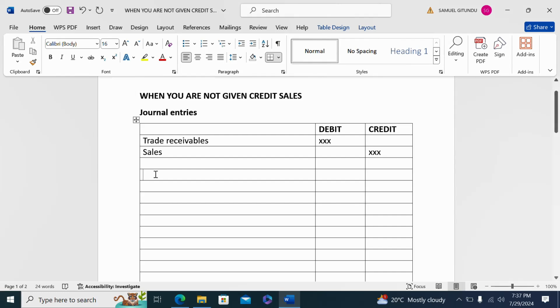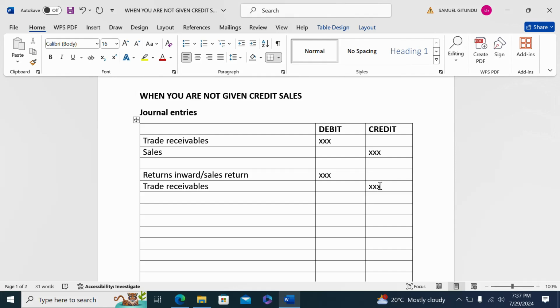If the customer returns some goods, you are going to debit the returns inward account, or what we call the sales return account, and then you credit the trade receivables account.